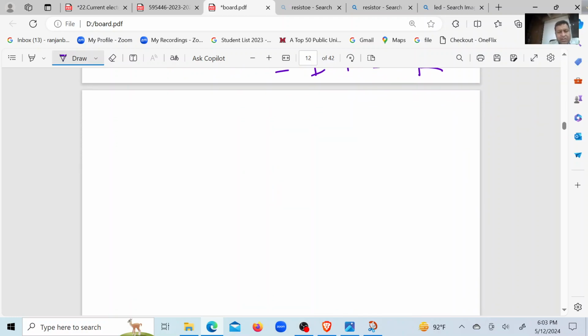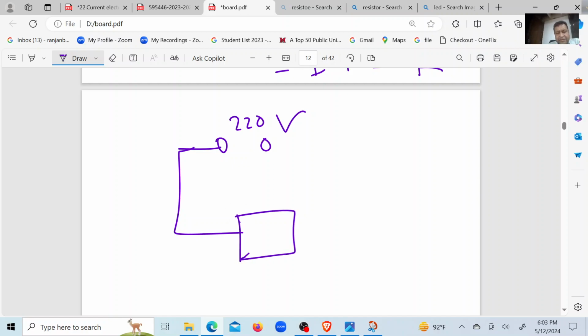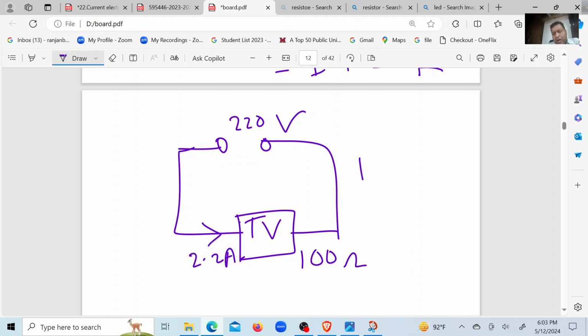Now assume that this is a 220-volt supply and you are connecting that same TV to the circuit. It is of 100 ohm. So what will be the current now? 2.2 ampere. So what is the power consumption? That means it is consuming power from the supply.